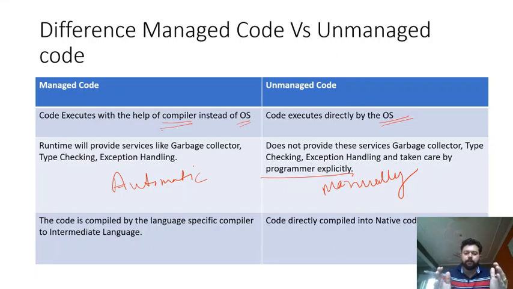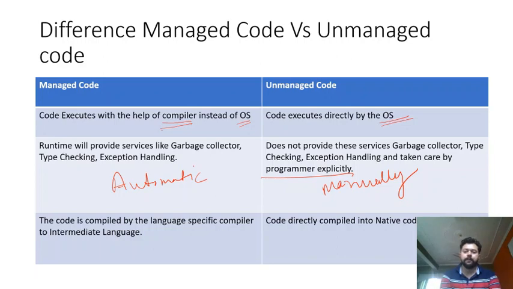Which means if you have written your program in different languages, for example in C sharp, in VB, in Python, or in C++, you require a language specific compiler that will compile your managed code to intermediate language, that is called MSIL or CIL, Microsoft Intermediate Language, or Common Intermediate Language, or simply IL.